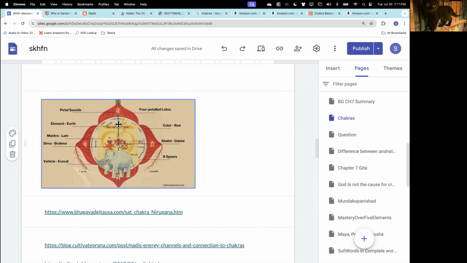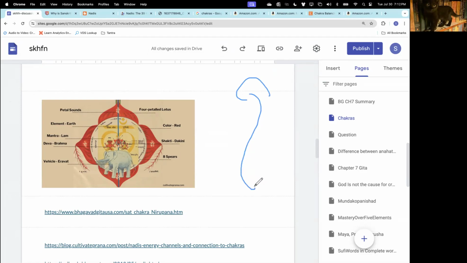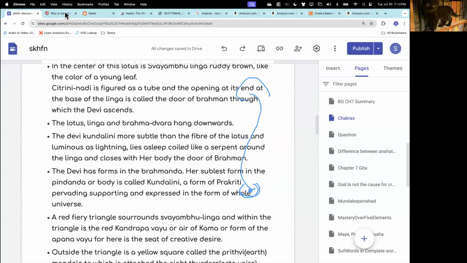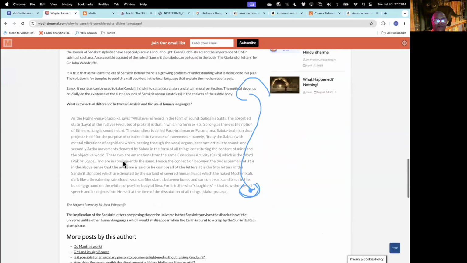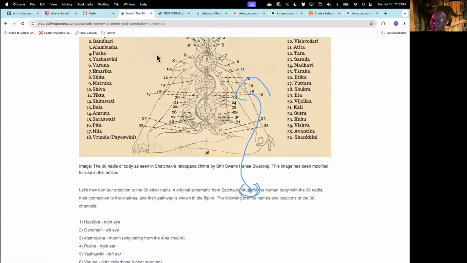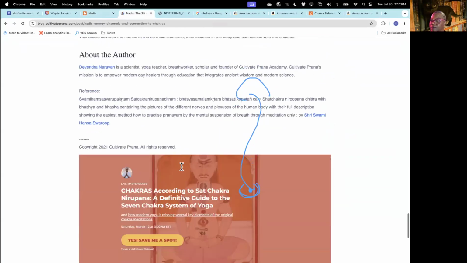Typically, if I have to draw something like this, this is the crown chakra on the top, and this is the spinal cord, and this is where the Mooladhara chakra resides. The Mooladhara chakra is also known as Kundalini. If I have to enlarge this picture of the Mooladhara, where is my better Mooladhara picture?